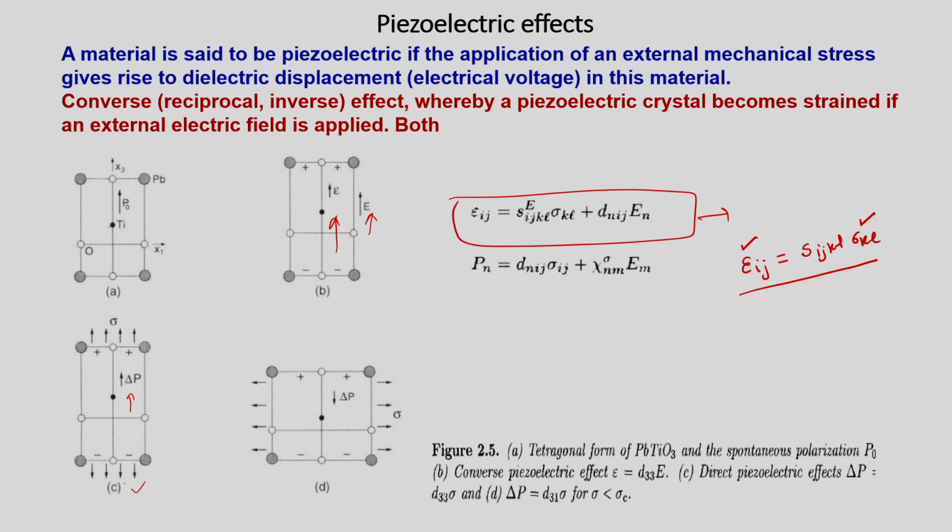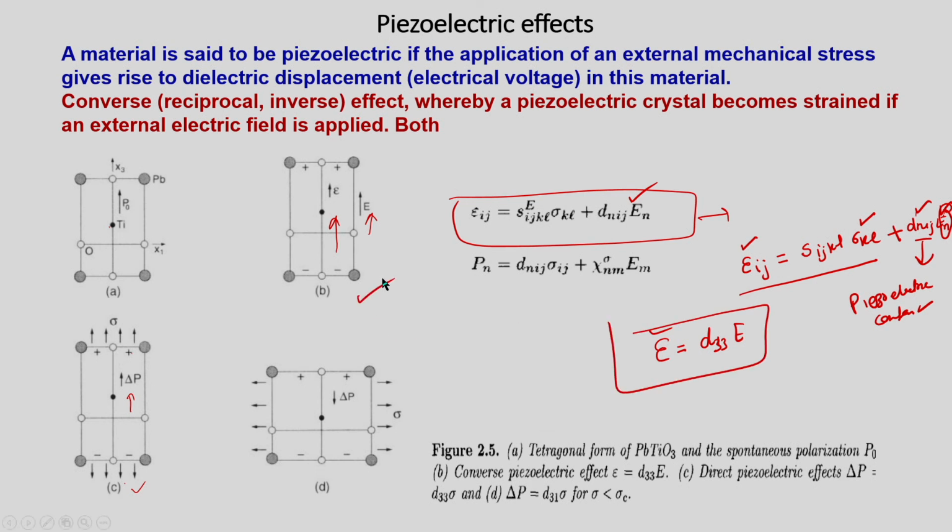Now, it has some piezoelectric effect, so plus d_nij into E_n, where E_n is the electrical field and d_nij is the piezoelectric constant. If you apply an electrical field and this constant, strains will be developed. Let us say there are no stresses, then if we talk about only a single dimension, d33 into E3, this converse effect will be there.